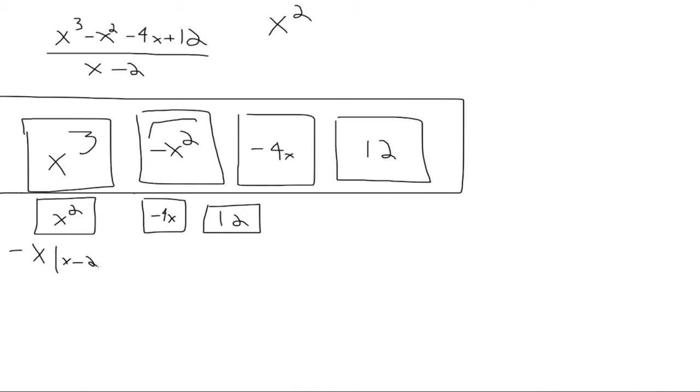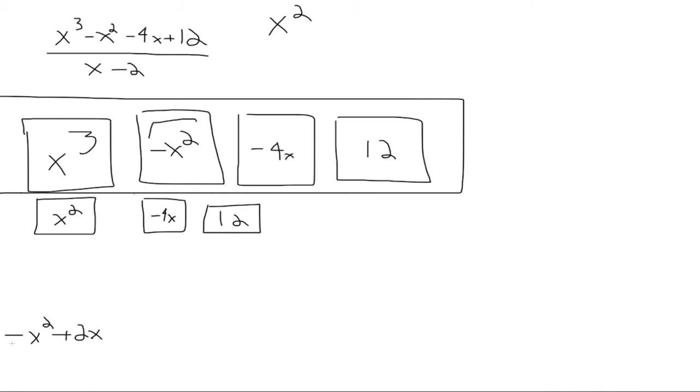That's the same thing as subtracting x squared minus 2x. That's the same thing as subtracting x squared and then adding 2x, because the negative carries in. So let's get rid of these. Don't want to confuse you.